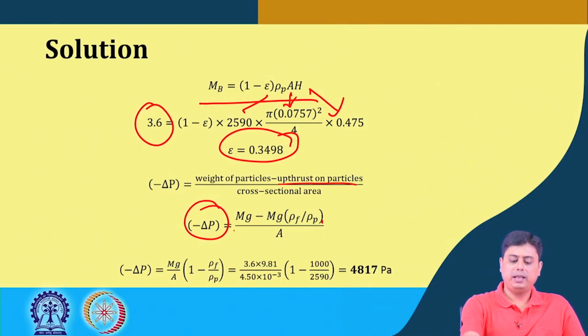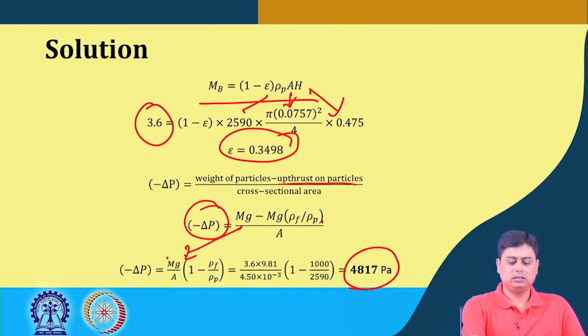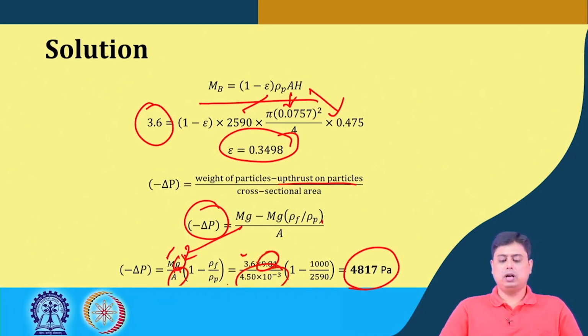If we now replace these numerical values, that is, this becomes mg/A multiplied by (1 − ρf/ρp), it gives a value of 4817 Pascal, because here the mass is known, g and A, all the values are given.